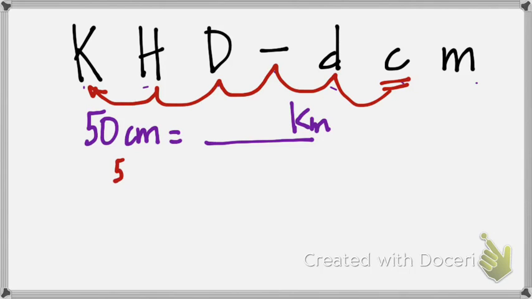I've jumped 5 times to the left, which means that I'd have to move my decimal 5 places to the left. The decimal naturally is going to sit after the 0 for the 50, and I'm going to move it 5 times. And when I include my zeros, my answer is going to be 0.0005 kilometers. That's pretty easy.